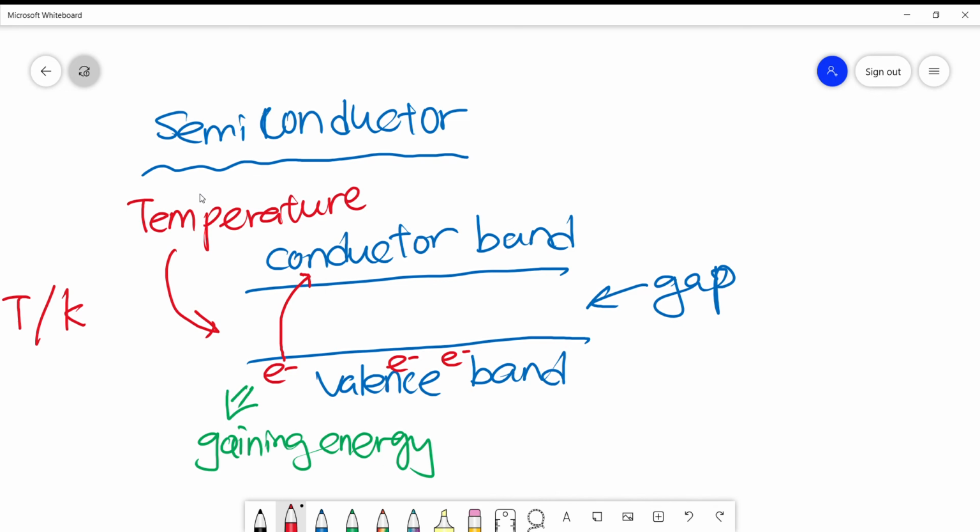When the temperature keeps increasing, more electrons will move from the valence band to the conduction band.